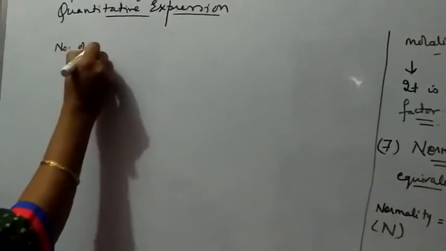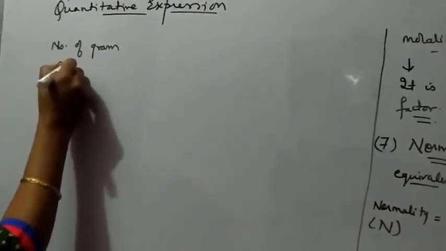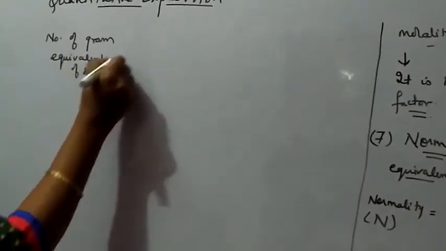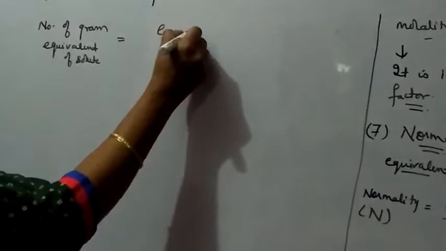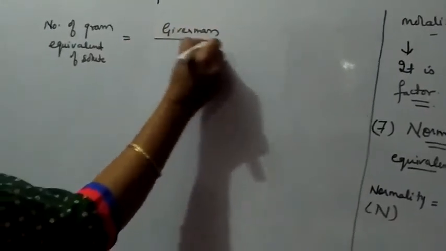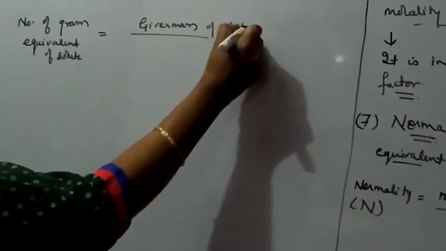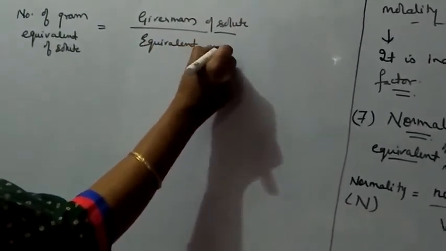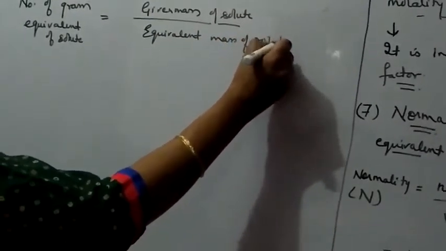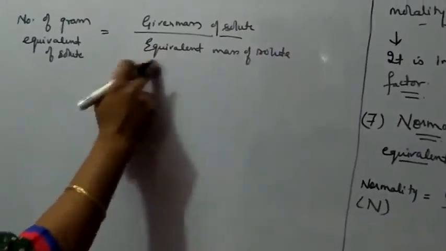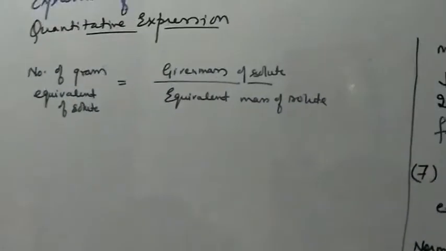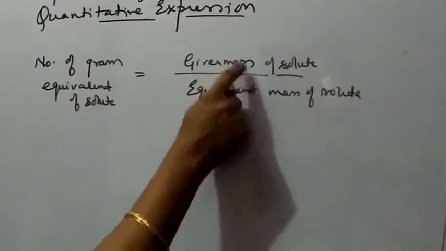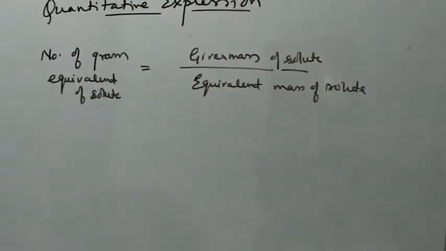So the number of gram equivalent of solute is equal to the given mass of solute divided by the equivalent mass of solute. Now students, you know about the molar mass. Now how are we going to get the equivalent mass of a solute, right? Given mass will be given to us, but equivalent mass we have to calculate.